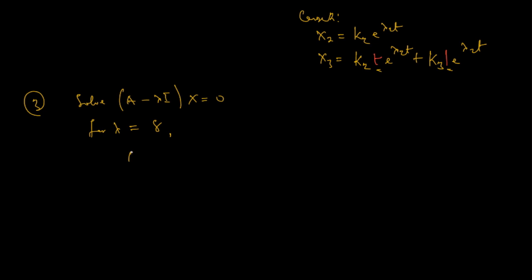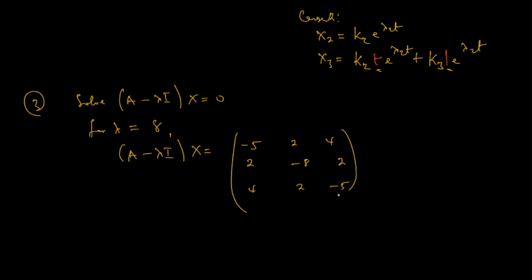For lambda equals 8, (A - λI) times x equals the matrix with rows -5, 2, 4; 2, -8, 2; 4, 2, -5, times x, y, z equals 0, 0, 0.